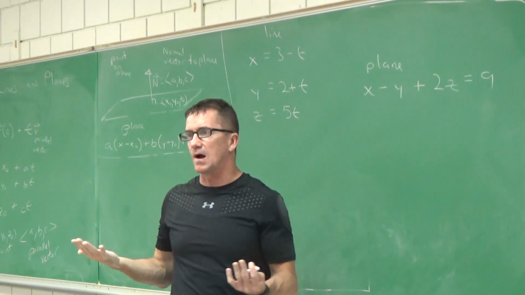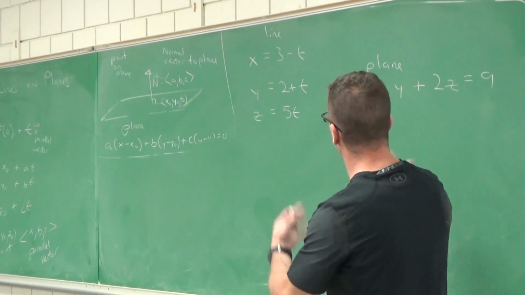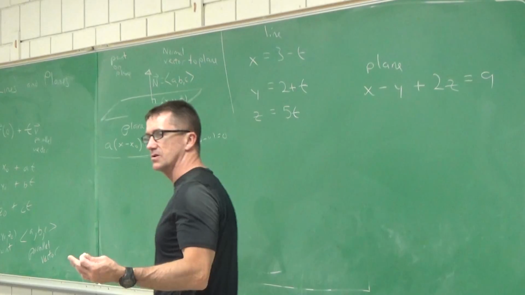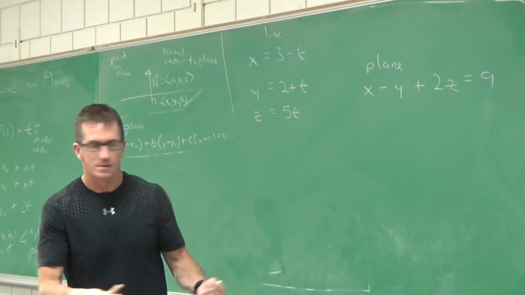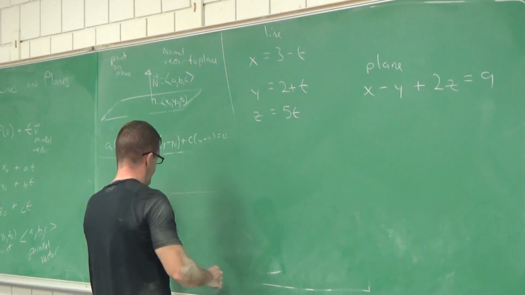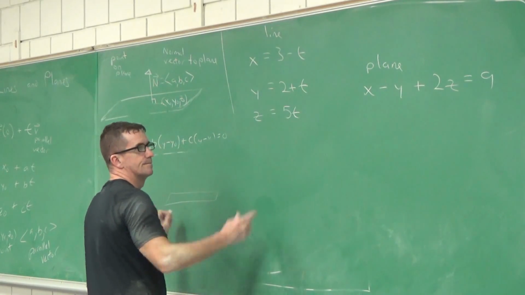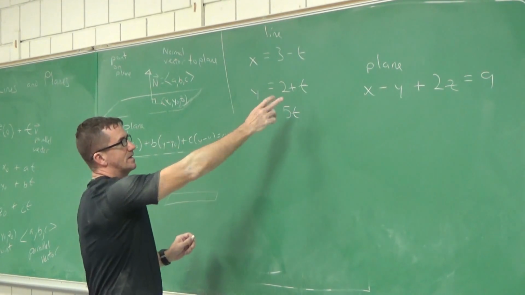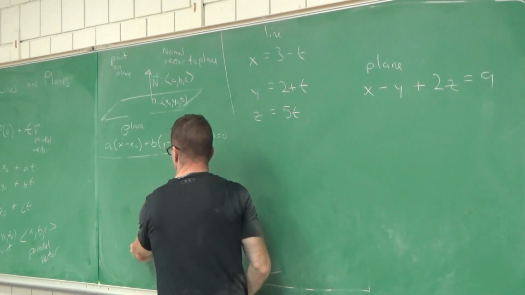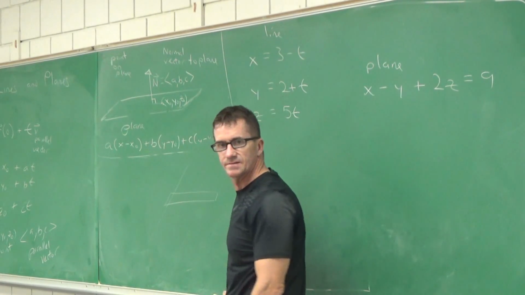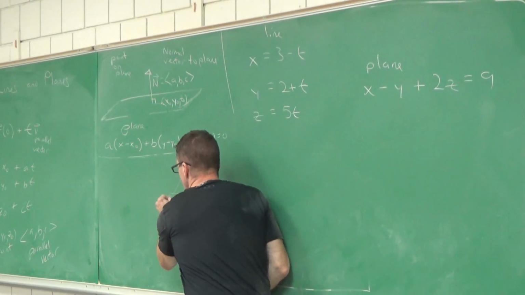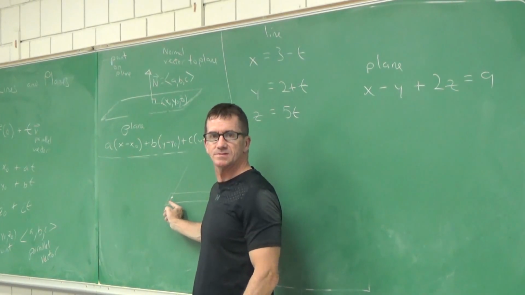So once again, we're problem solving, going, how are we going to do this? I always draw a picture, it helps me start thinking about this. There's the plane, and then the line, at some point, is going to hit this plane. We're looking for the exact point that happens.